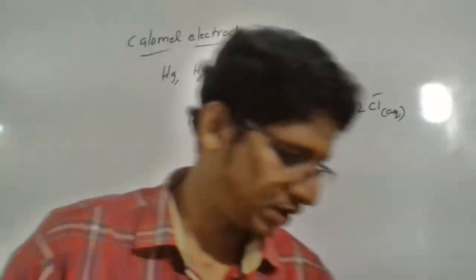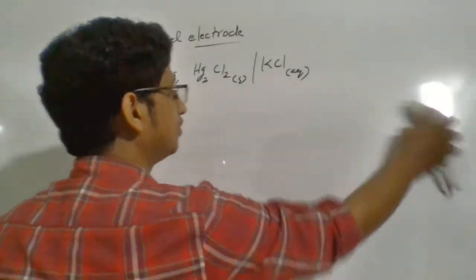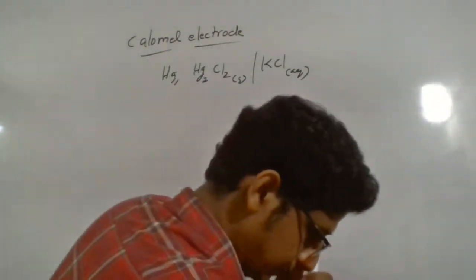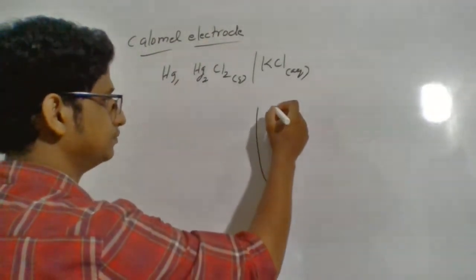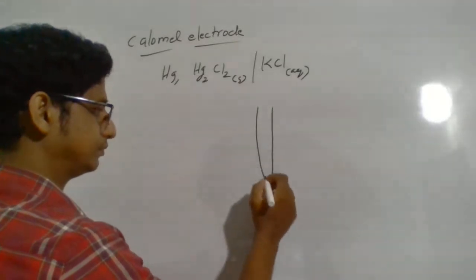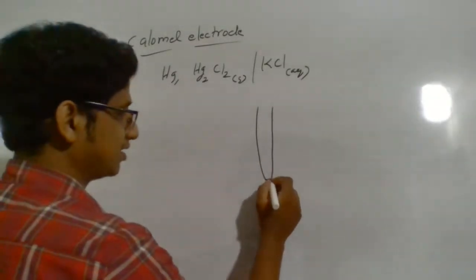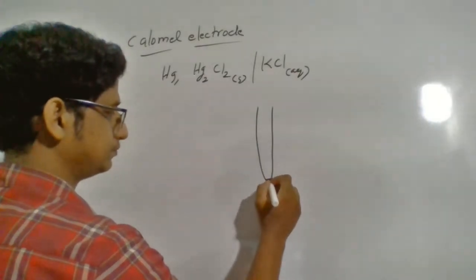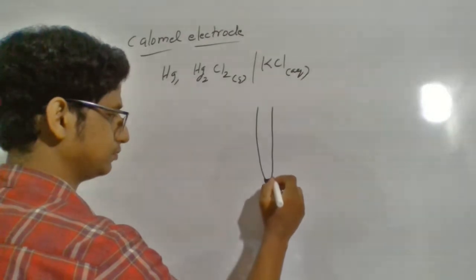Now how does the calomel reference electrode look like? It consists of a glass tube in which mercury is placed at the bottom.